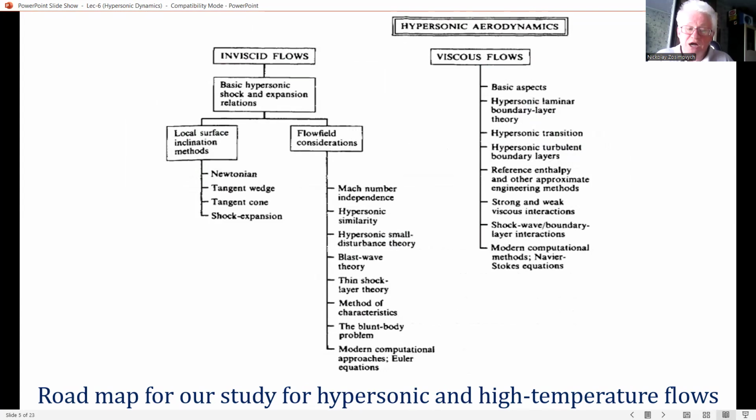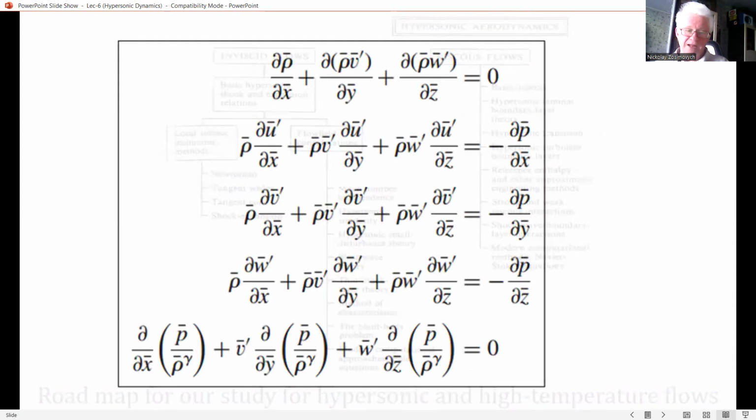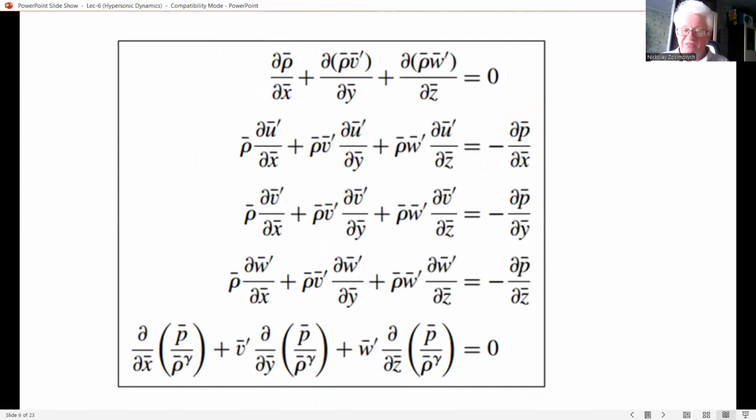And this will constitute the remainder of the present module on approximate methods, as well as all of the next lecture on exact methods. So consider again the hypersonic small disturbance equation given by these equations 1, 2, 3, 4, and 5, yes?